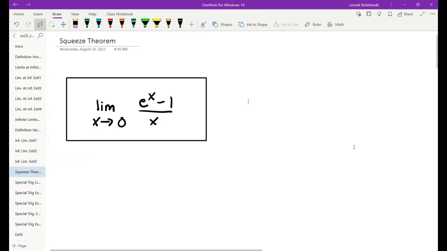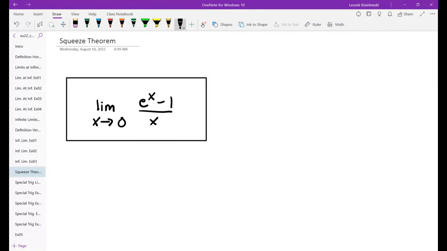So here's an example of a function. This is an iconic limit, right? It's going to be used in finding the derivative of the exponential function. So it's an important limit.